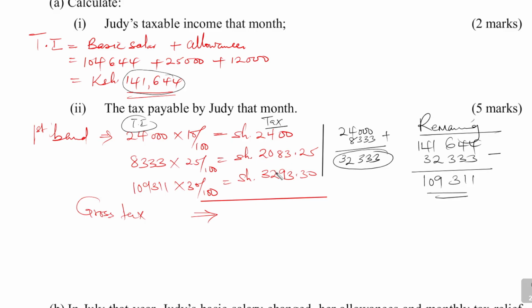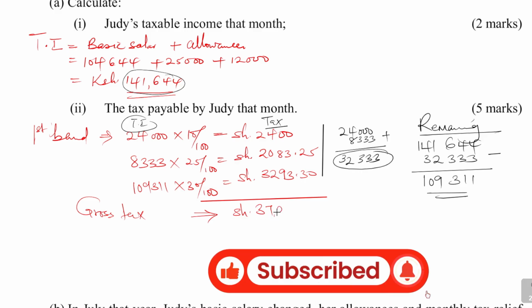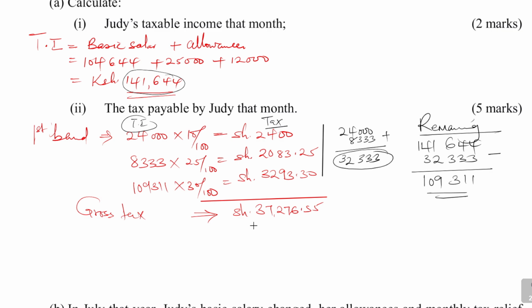These are the taxes. So when you add 2,400 plus 2,083.25 plus 32,930.30, that should give us the gross tax. When you add that, you will get a tax of 37,276 and 55 cents. So that is what you get.